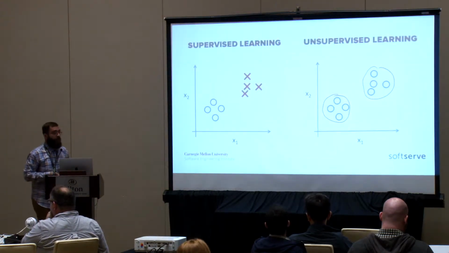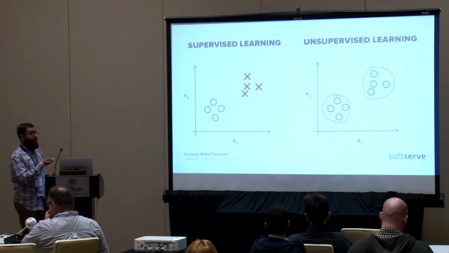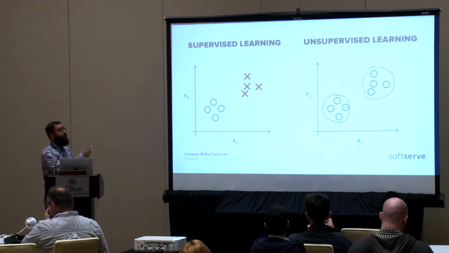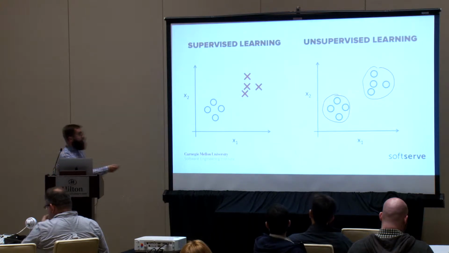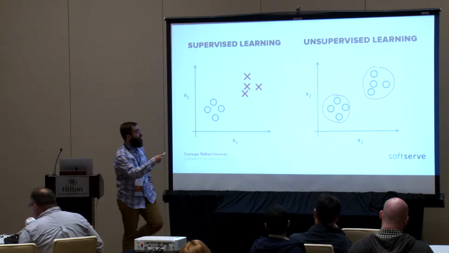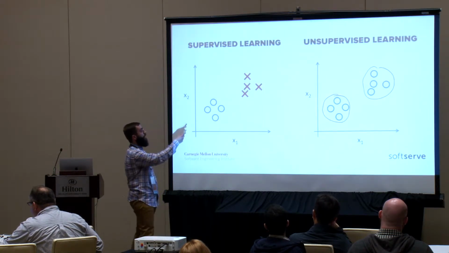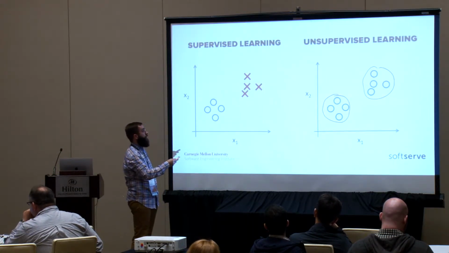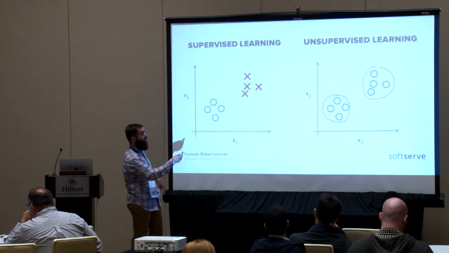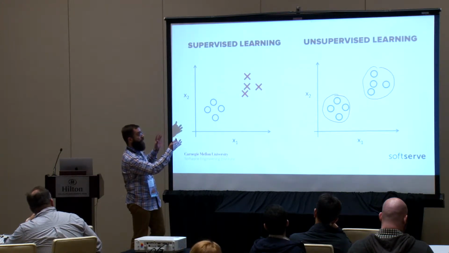And here is another illustration of the same two concepts. It's actually the same problem. On the left you have a plot which represents a typical supervised learning case. We have some number of observations, and we have labels associated with each observation. In the other case, it's the same data, but without output information, without ground truth labels.